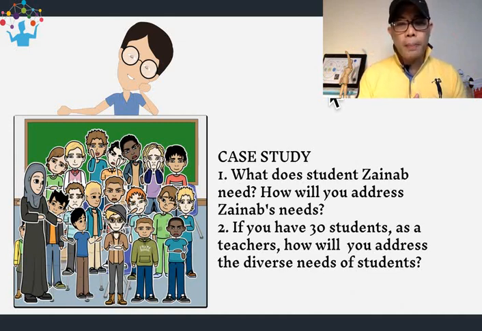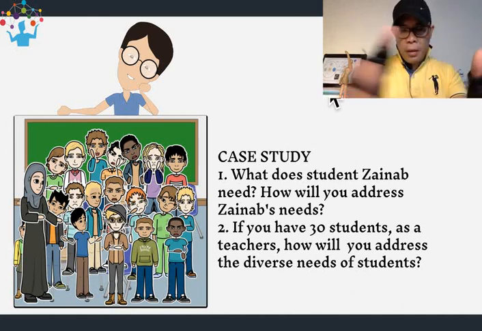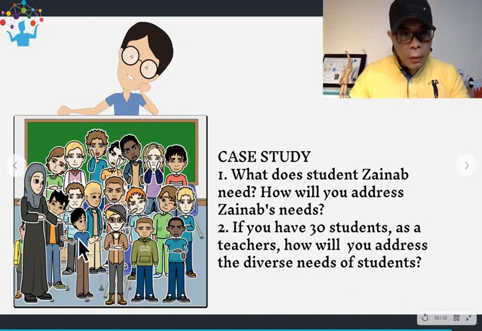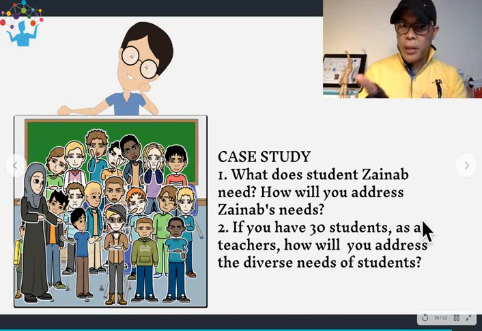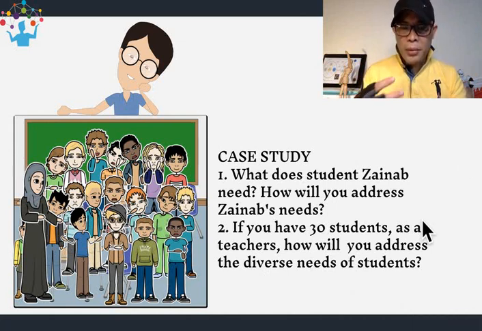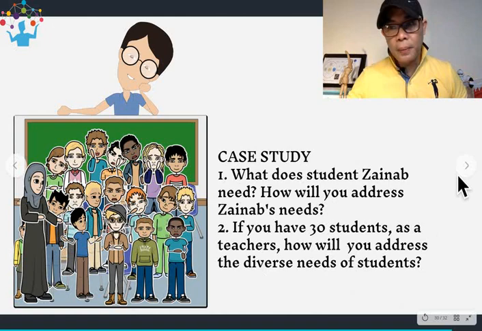If, let's say, we have 30 students in a class, how would you address the diverse needs of students? Remember, nobody should be left behind in terms of addressing the human need.